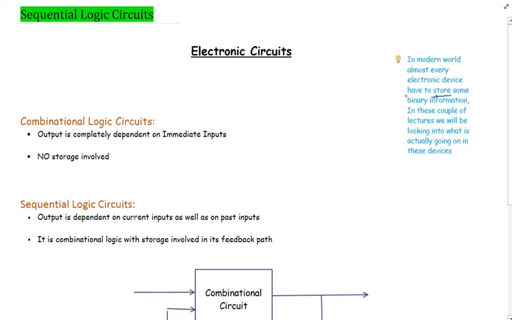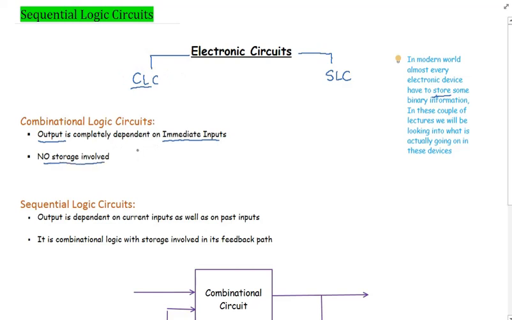So fundamentally these devices have some electronic circuits, and these electronic circuits can be divided into two types. One is the combinational logic circuit and another one is the sequential logic circuit. Combinational logic circuits have outputs which completely depend on their inputs, and there is no storage involved.